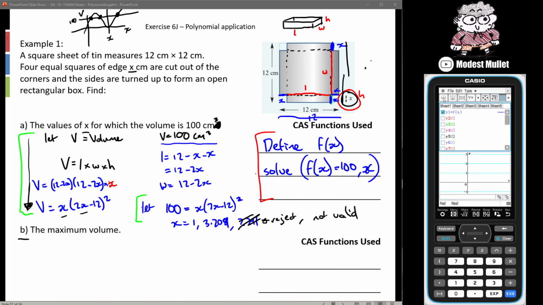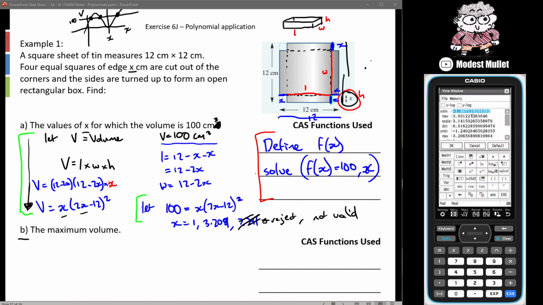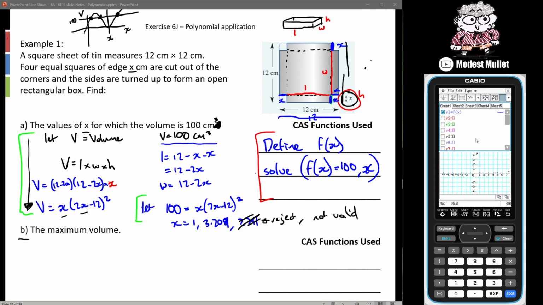We can go y1, and I already had it typed in, but we can just type in f of x. Click enter, and then I should change it to default. This is what it would normally look like, and it's like, oh, what's going on?